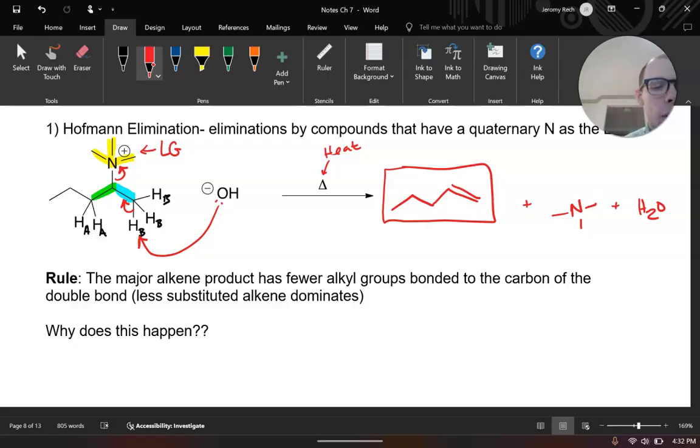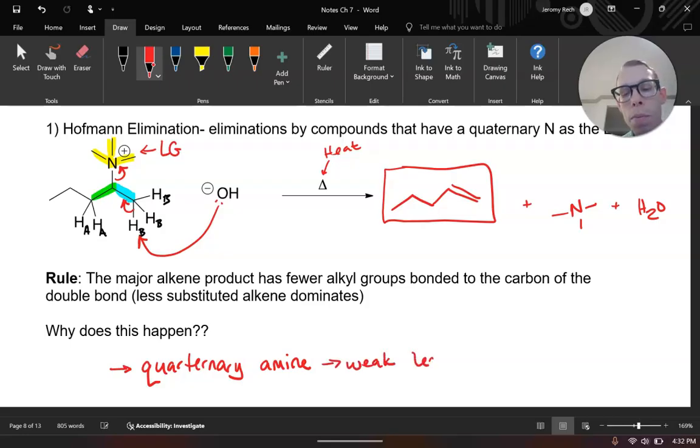The first one is your quaternary amine. Your quaternary amine isn't that good of a leaving group, even though it does have a positive charge. They are a weak leaving group, and there's a lot of sterics.